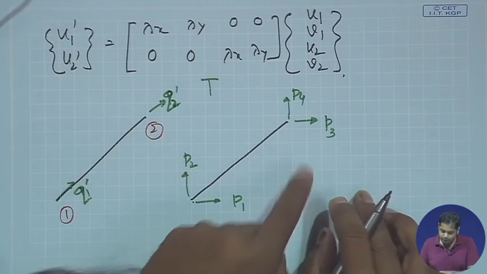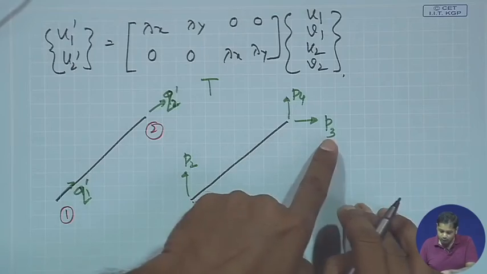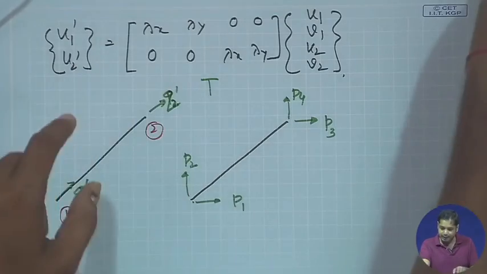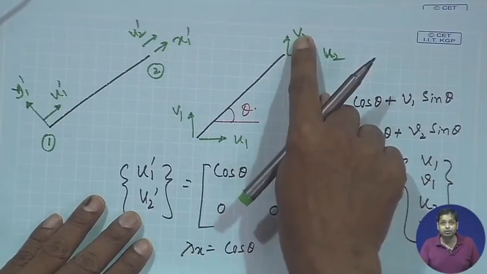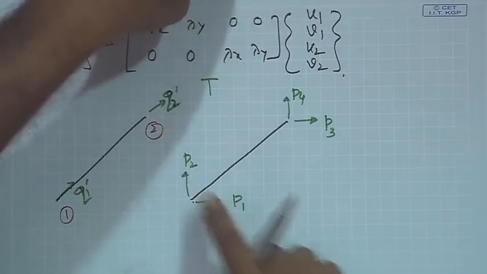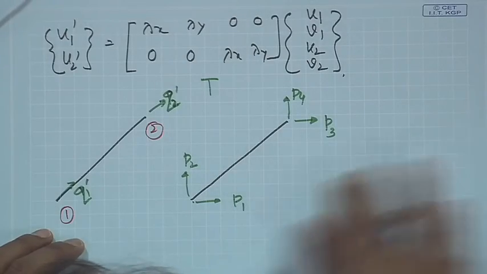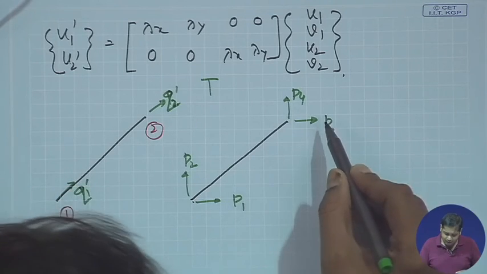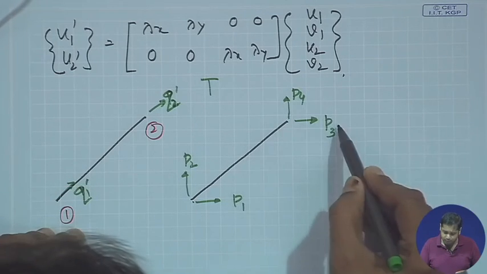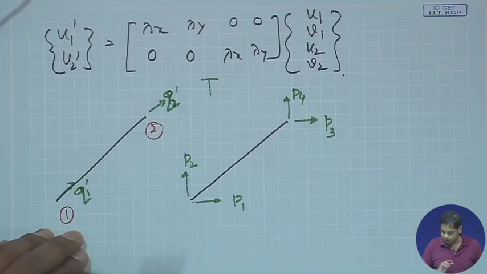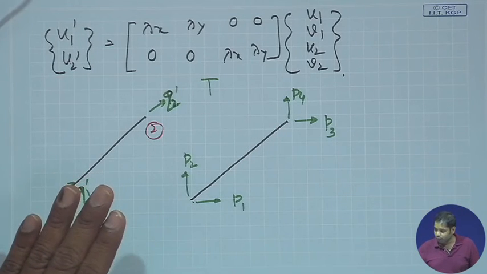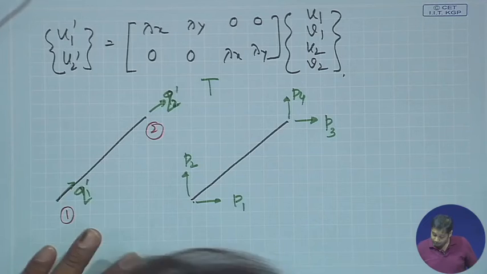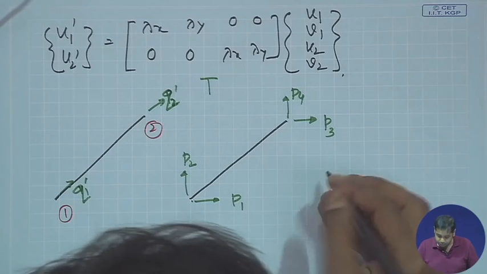Now, instead of U1, V1, U2, V2 as before, here we have P1, P2, P3, P4. What we have to do is write P1, P2, P3, P4 in terms of Q1 dash and Q2 dash. I am writing just the final expression, and I leave it to you.